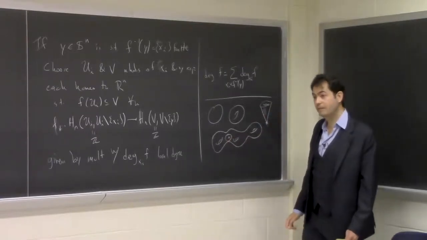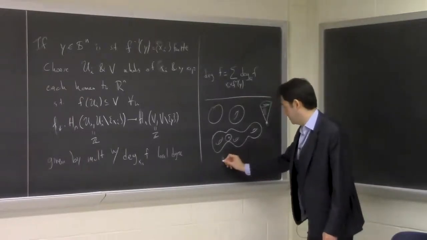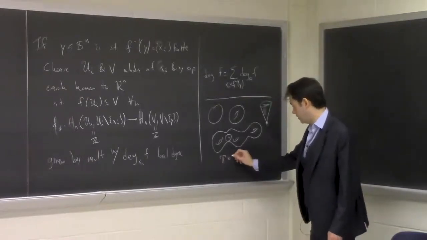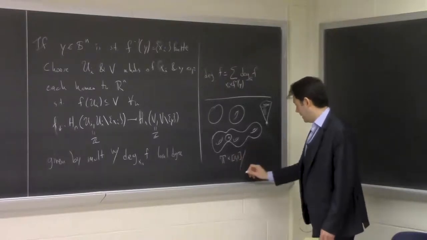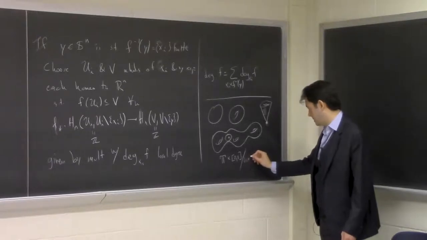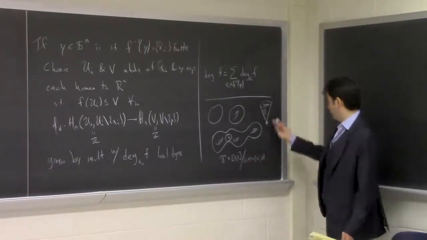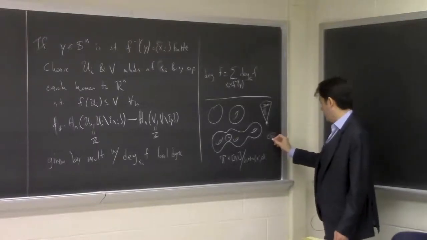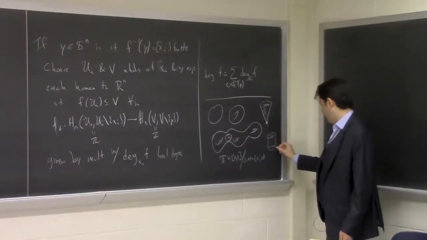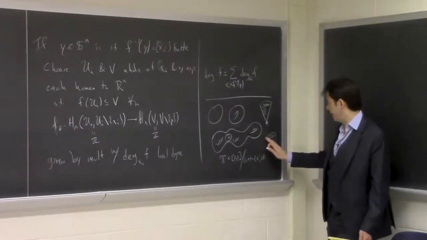What does it mean to take the cone over something? If I have the torus, then to take the cone, I cross it with an interval, and then I collapse everything at one of the endpoints, say 0. So it means take the cylinder over the torus, and then take everything at the top and collapse it to a point.